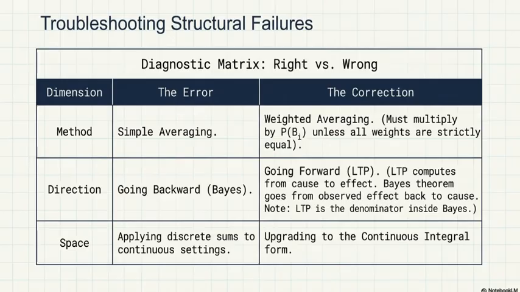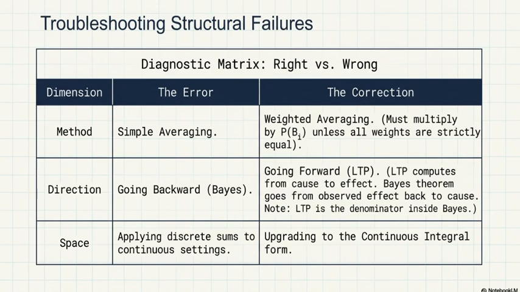The partition must be chosen so that the probability of A given Bi is actually knowable, like it is actually simpler and you can get it. A partition that still makes the probability of A given Bi hard gives you nothing. So a good partition usually comes from the causal structure of the problem.